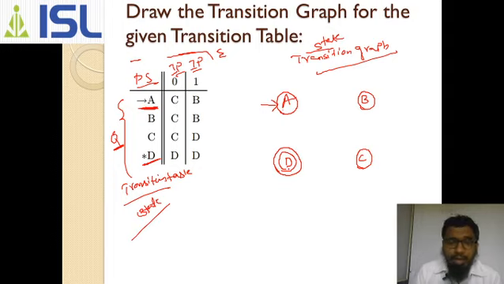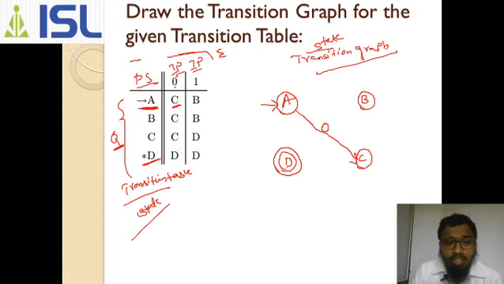Then we get the data from the transition table: initial state and final state. Now from A, if it is 0, where is it going? It is going to C. A is going to C when the input is 0.